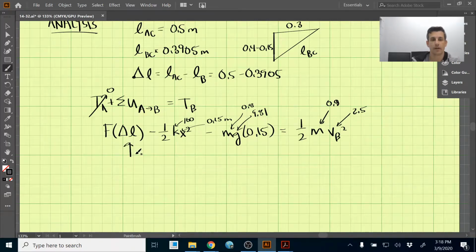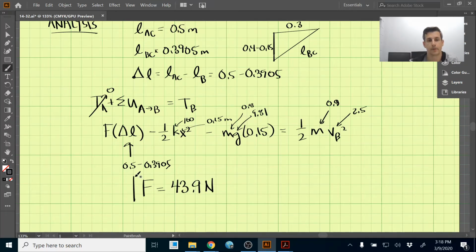So we have delta L, 0.5 minus 0.3905, and then we have all the other terms solved for. All we need to do is solve for F, and F comes out to be 43.9 newtons. And that is the answer to 14.32.